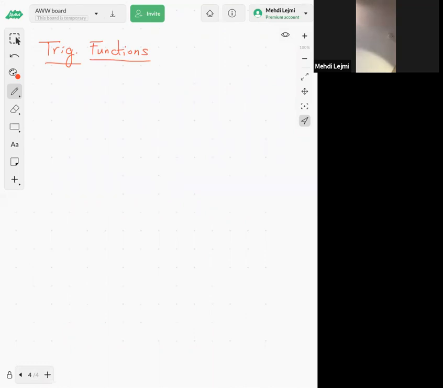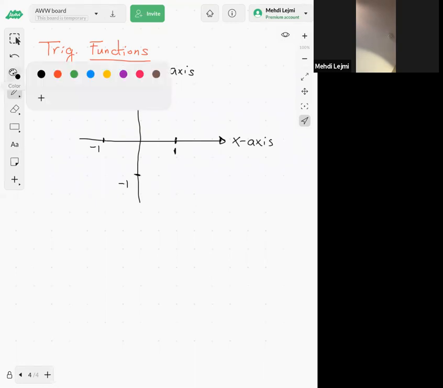So let's say we have a unit circle. That's the circle of radius 1, right? This is 1 here. This is -1. You have your axes. This is supposed to be your x-axis, and this is supposed to be your y-axis. And then you have your unit circle, the circle of radius 1.